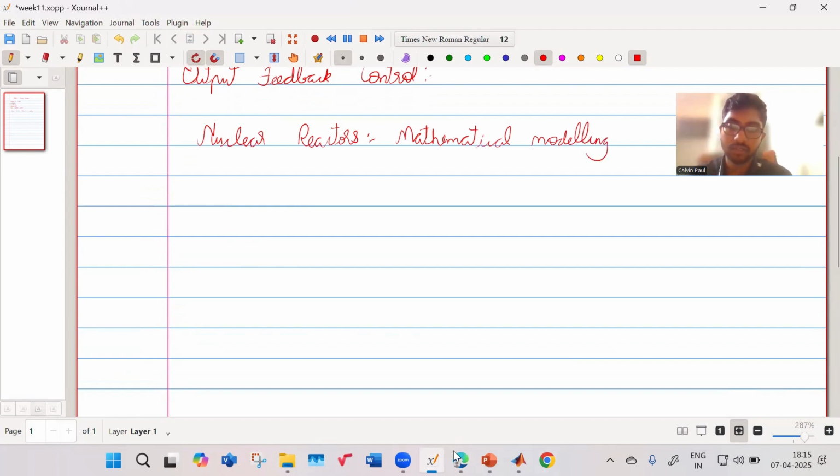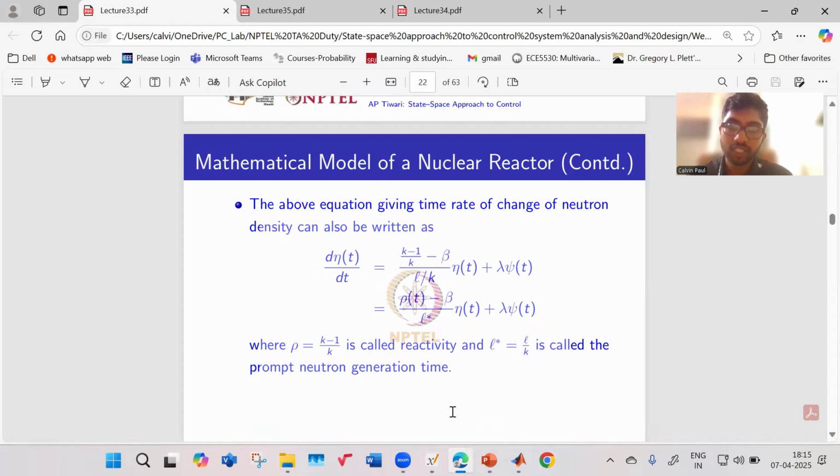The first one is the rate of change of neutron density.